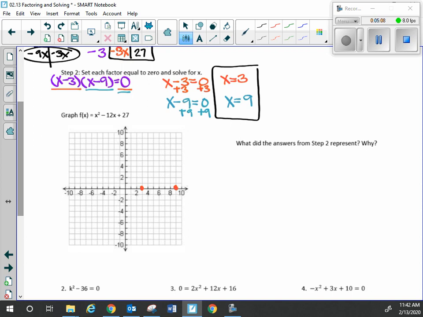So what I need you to do is in your calculator, go to the graph and enter in x squared minus 12x plus 27. Where am I getting x squared minus 12x plus 27? That's what we started with. That is before we factored it. So put it into the graph and pull up the table for me.